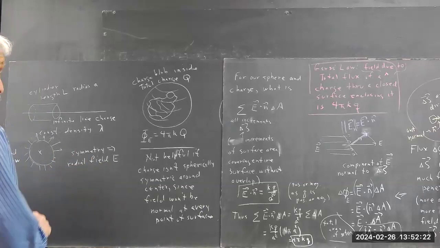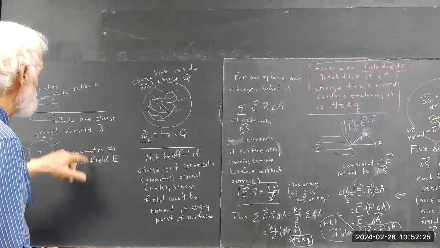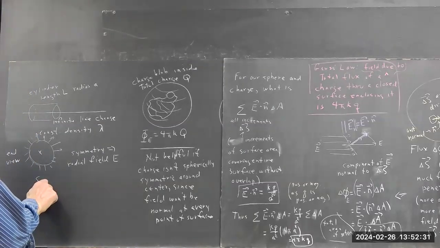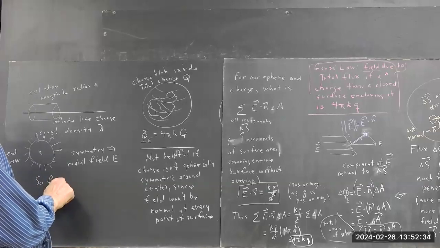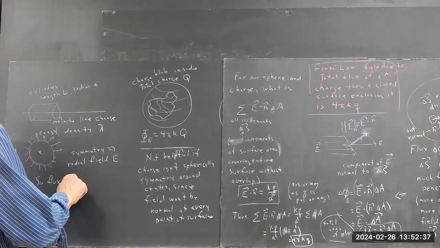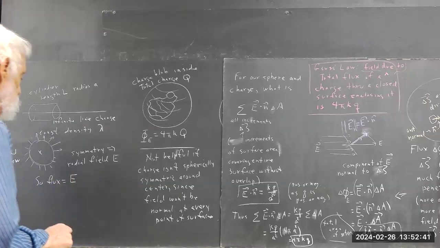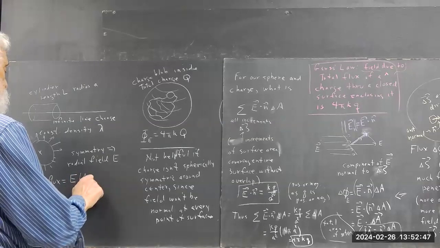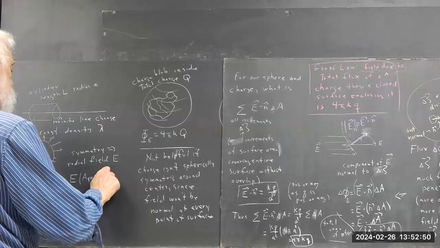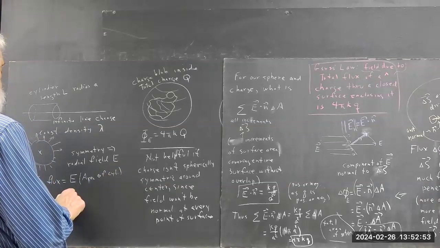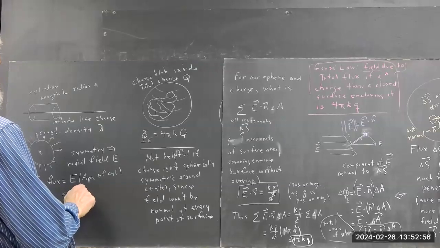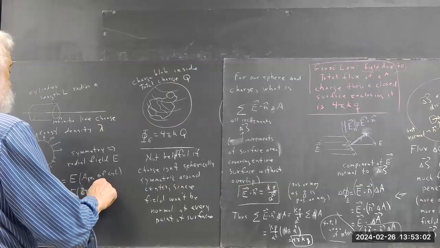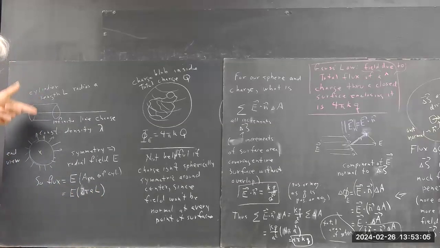I don't have a lot of time because we're out of time, but this is an example. So you have this symmetry of a radial field E. The flux equals just E times the area of the cylinder, which equals E times the circumference times the length.